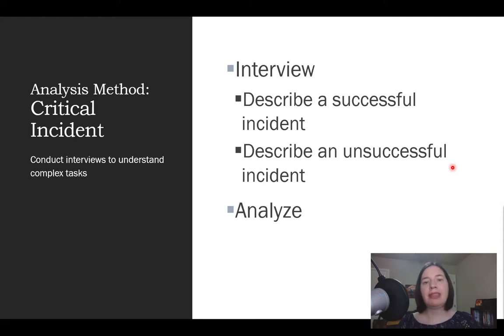You can use that information going forward to help learners learn how to have a successful experience. Again, it's about taking whatever the subject matter expert knows and breaking it down in a way that you can then design some learning or some tools or materials for the students. Okay, so that is task analysis. And next we'll talk about problem framing.